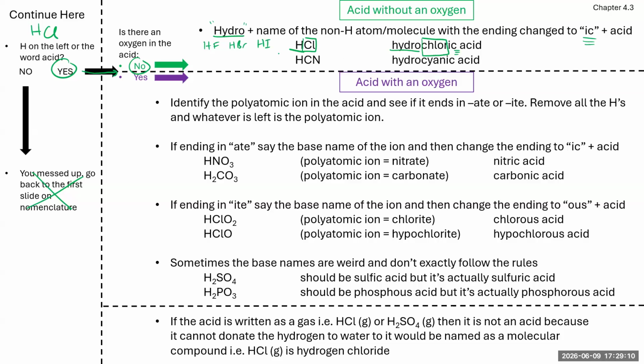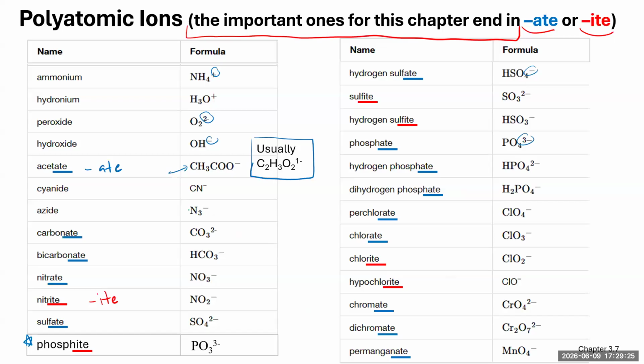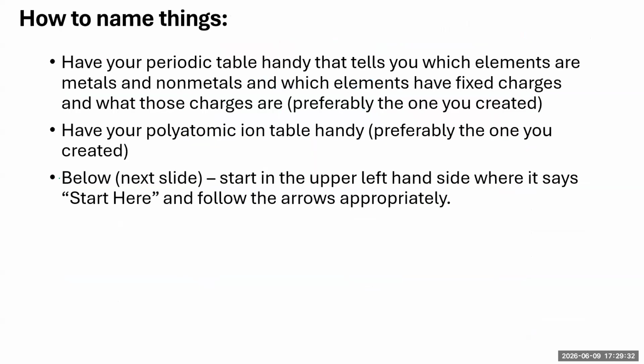We also have this one, HCN. So this is going to be hydro, and then what's a CN? You might not be familiar with this because you're kind of new to this, but CN is cyanide. So let's remember that, cyanide.